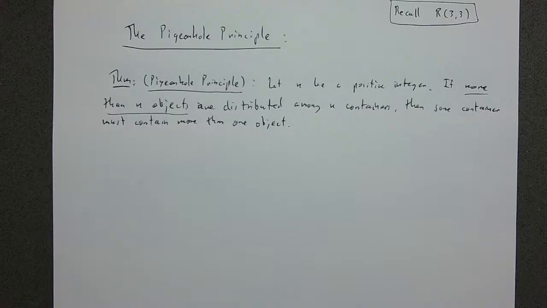So what did we do? We first showed that it had to be bigger than or equal to 5. And we did that by considering K_5, the complete graph on 5 vertices.